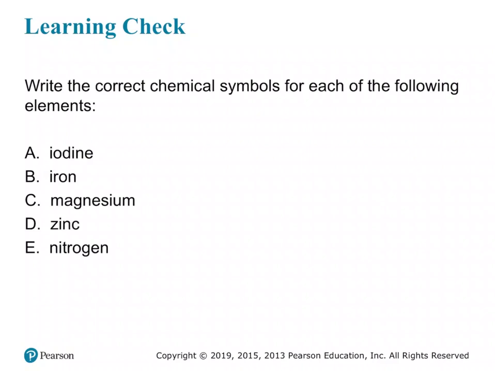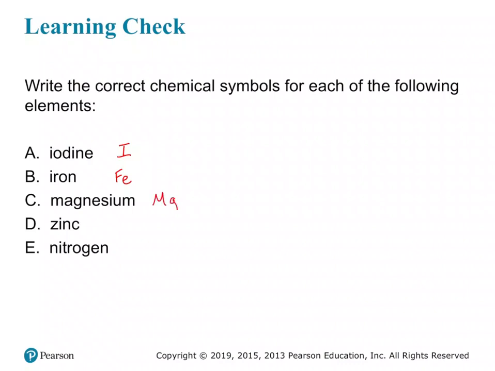Okay, so what is the symbol for iodine? I. So that one's easy. And then what did we say was the symbol for iron? Fe. So that's coming from its Latin name ferrum. What about the symbol for magnesium? That one's easy.